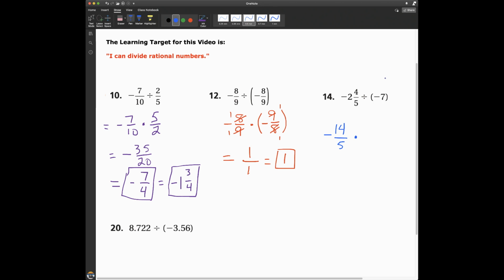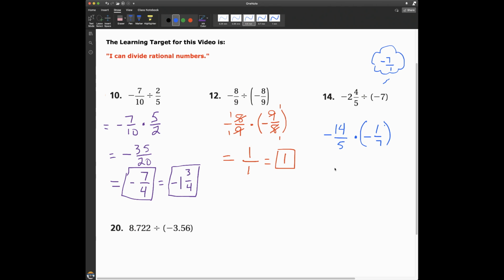So when you do this, remember, think of this as negative 7 over 1. So I'm going to flip that, and this is going to be negative 1/7. And let me fix my parentheses here. So negative 1 over 7.